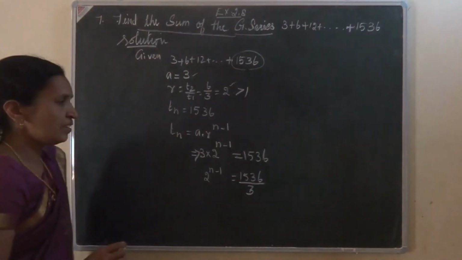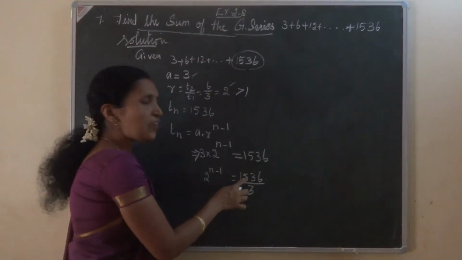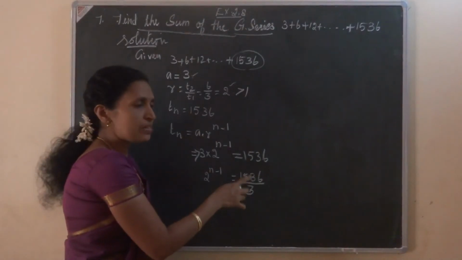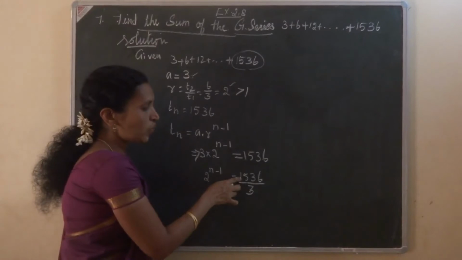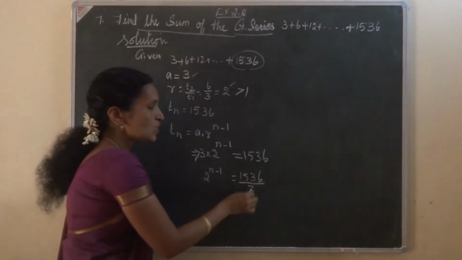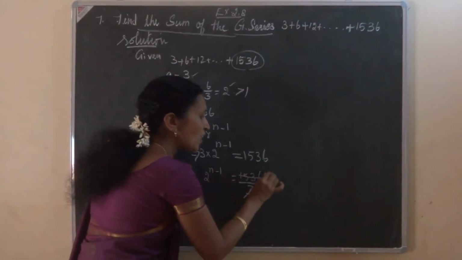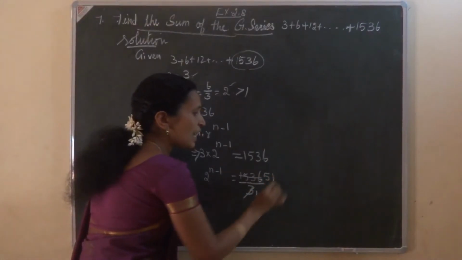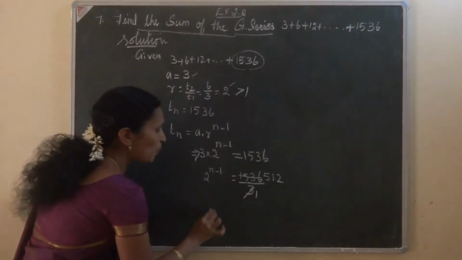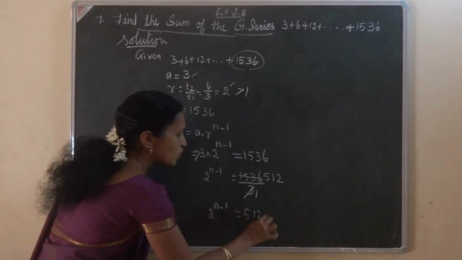Now 2 power n minus 1 equal to 1536 divided by 3. This number is divisible by 3 because 1 plus 5 plus 3 plus 6 is 15. 1 3 is 3, 5 3s are 15, 1 3 is 3, 2 3s are 6. Now 2 power n minus 1 equal to 512.